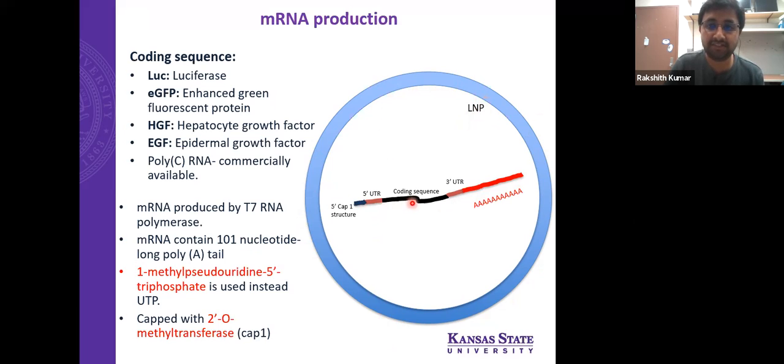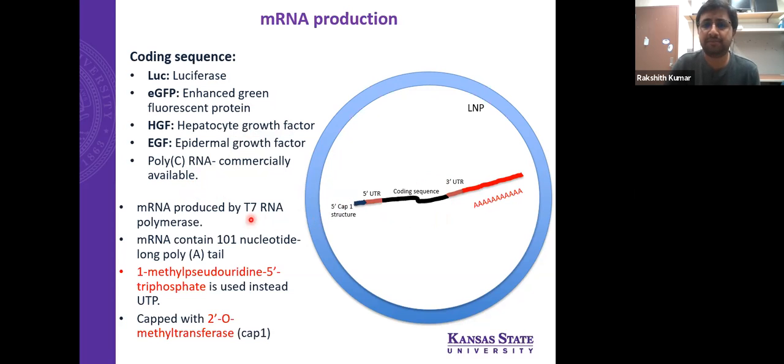They used multiple mRNAs: the treatment is the HGF and EGF encoded mRNA, and for controls they used firefly luciferase coding sequence and enhanced green fluorescent protein coding sequence, and also poly C RNA as a control in some of the studies.